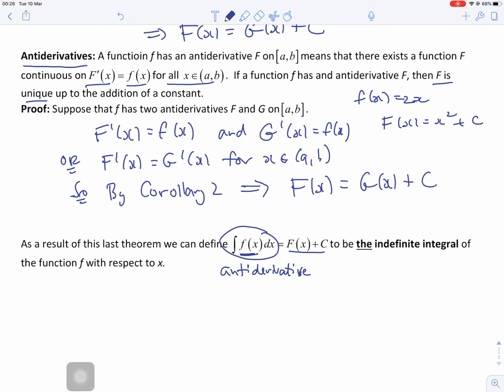And that's why we can talk about the indefinite integral of f with respect to x, as opposed to an indefinite integral of f with respect to x. And that kind of finishes our notes off for Rolle's theorem and the mean value theorem.